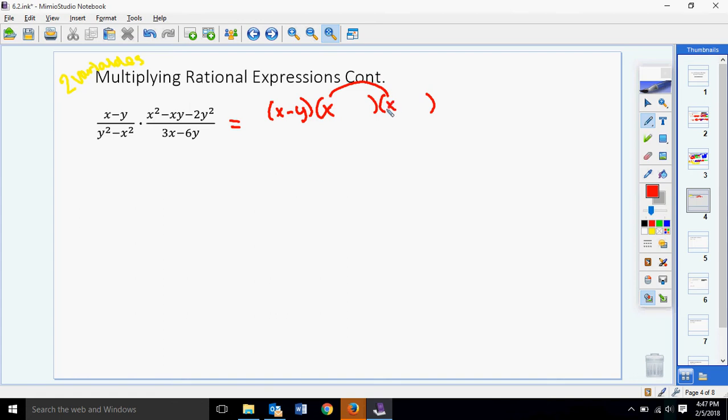So an x times an x is the only thing that would get me that. So x has to go in my first position. Now look at your last term. It says negative 2y squared. Well, that means that when I multiply my last two terms, it has to equal negative 2y squared.